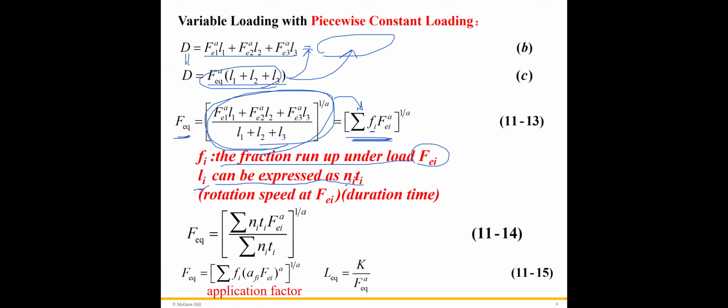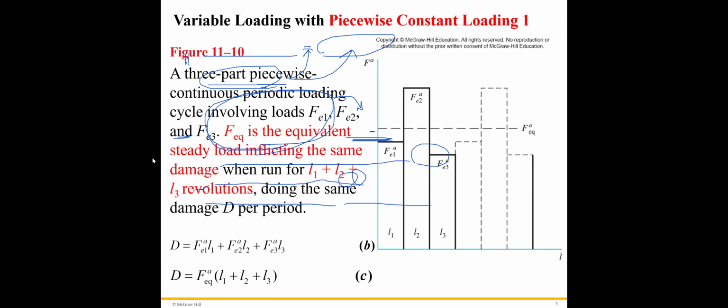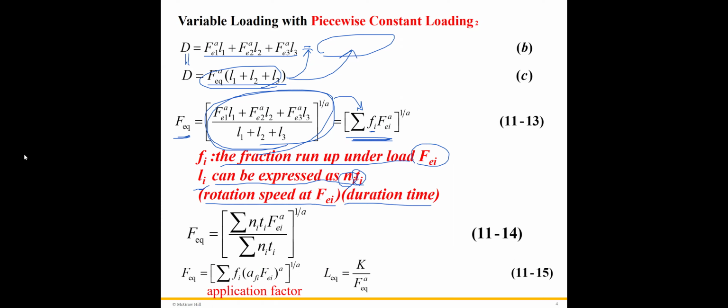Here Ni represents the rotation speed at FEi, and Ti is the duration time. Okay, so we can rearrange this equation.